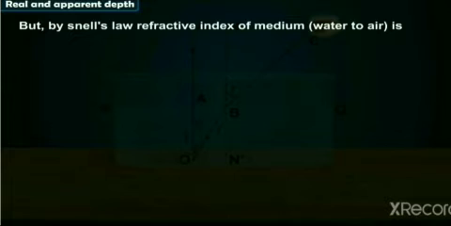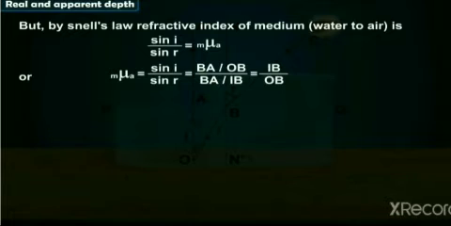But by Snell's law, refractive index of medium water to air is sin i upon sin r, which is equal to refractive index of air with respect to denser medium. Refractive index of air with respect to denser medium is equal to sin i upon sin r, which is equal to BA upon OB upon BA upon IB, which equals IB upon OB.